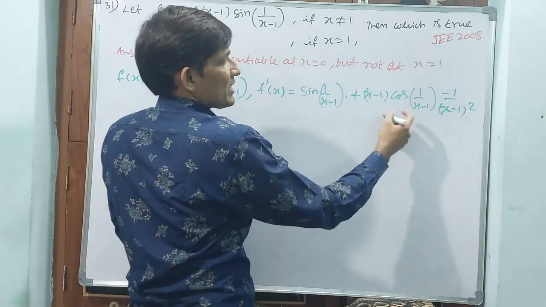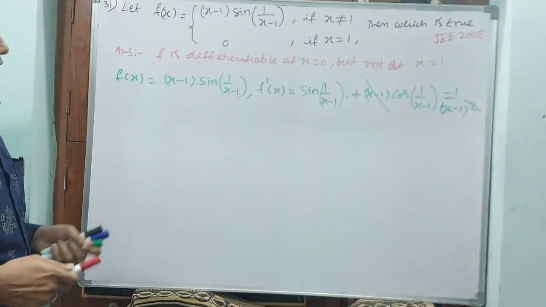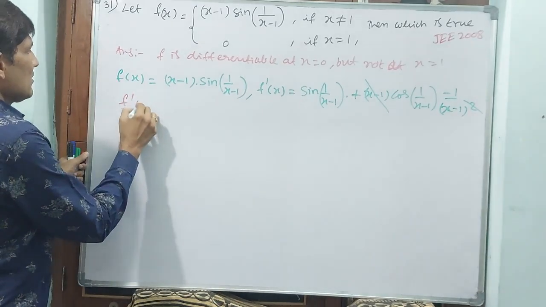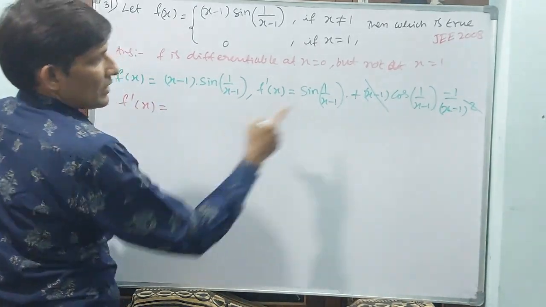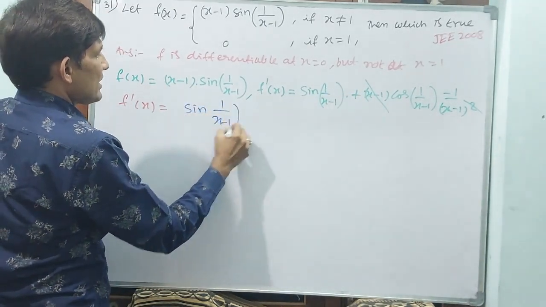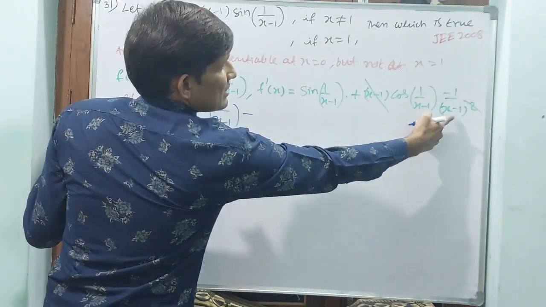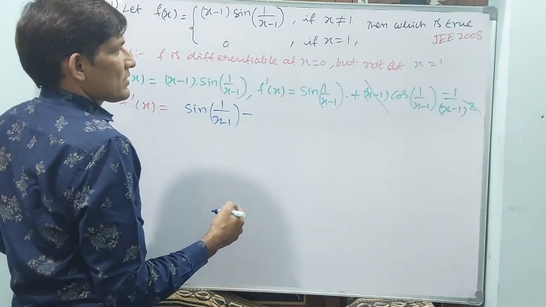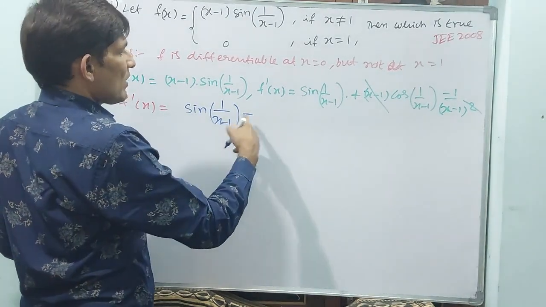See, this is multiplication. Shall I cancel this x minus 1 with the square? If I do this, then f dash x is equal to sin of 1 by x minus 1 minus, because here minus is there, 1 by x minus 1.